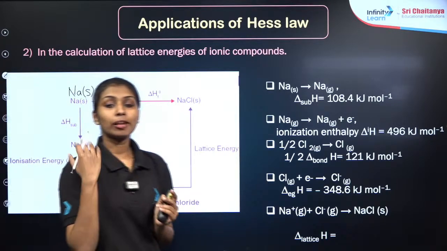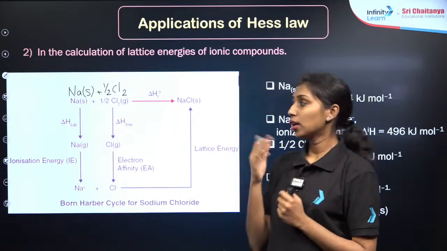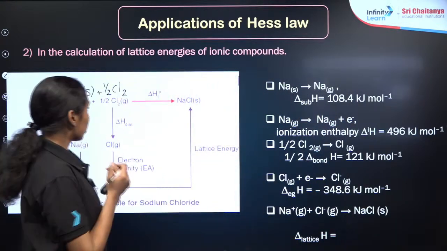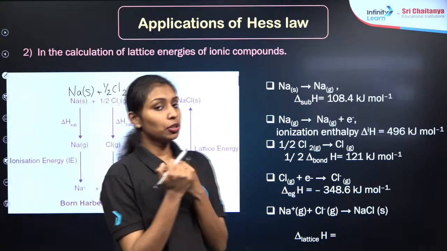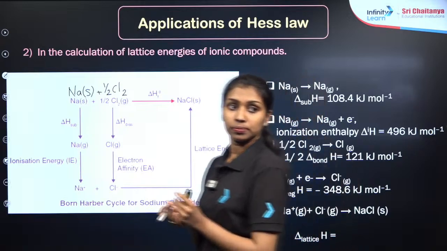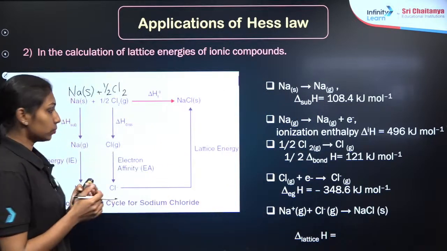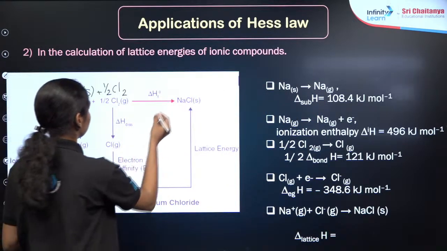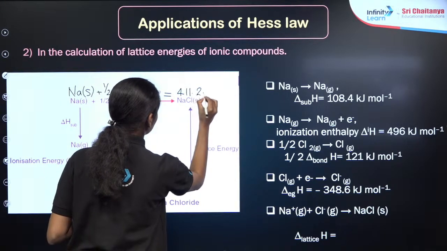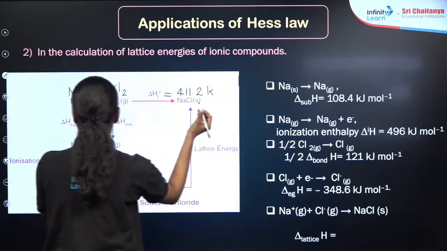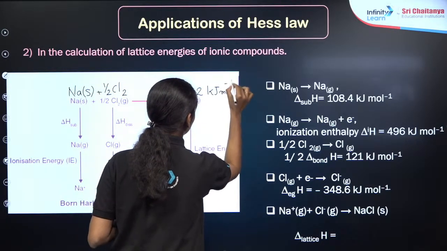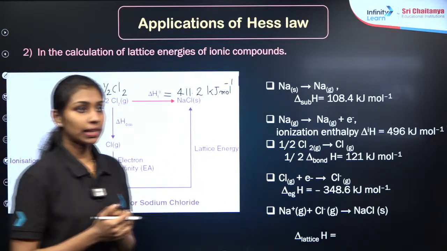So we already know what will be the enthalpy here, whether it is the enthalpy of formation, lattice enthalpy, or enthalpy of solution. Whenever we are forming any compound from its elements, what will the enthalpy be called?